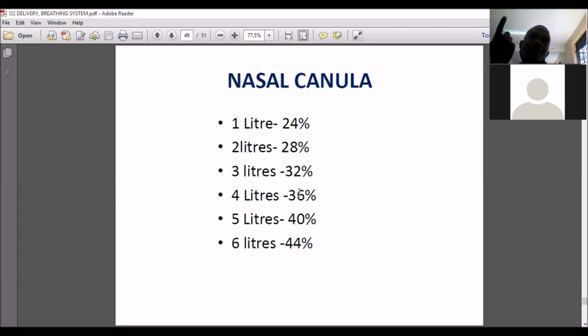Because I see 1 liter, it has 24%, 2 liter, 28. The person, that person is going to receive.